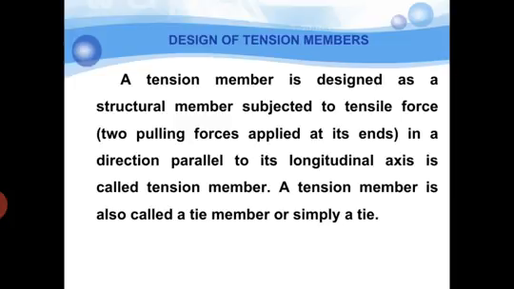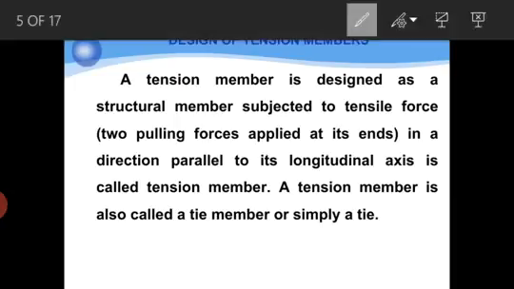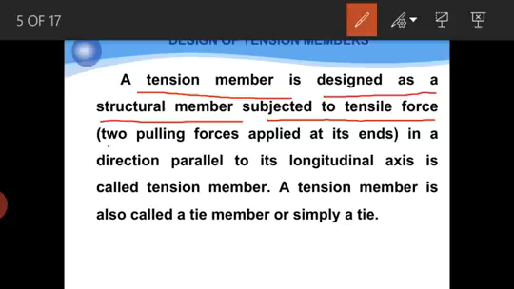So here I have given: a tension member is designed as a structural member subjected to a tensile force, that is two pulling forces applied at its ends in a direction parallel to its longitudinal axis.